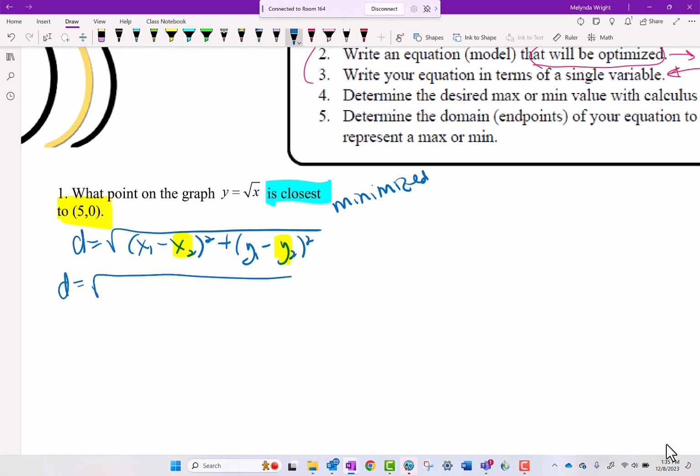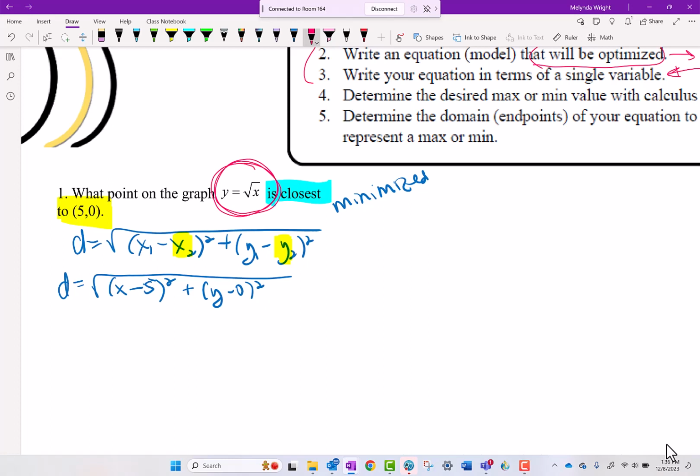We've got (x minus 5) squared plus (y minus 0) squared. And if you recall, last time we were like, well, that's great, but we have two variables. We have x and y, so we need to look for our helper equation. And the helper equation is this additional equation sitting right here.